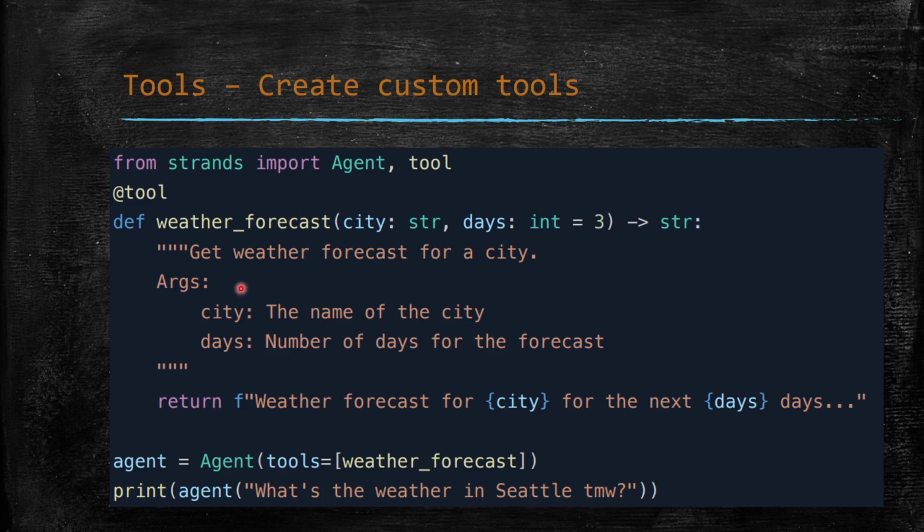So you can create a small function saying that this is my weather forecast function, and I have given a tag as a tool, and this can be used within your agent, right? Now here I'm not referring to any pre-built tool. I'm creating the custom tool, which is this one, and referring to it in my agent, and asking questions based on that. So pretty cool. You can also have custom tools added into your agent's code.